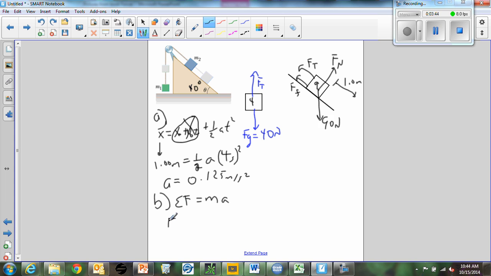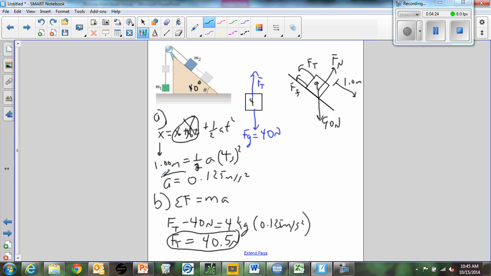So F T minus 40 newtons equals the mass, 4 kilograms, times the acceleration, 0.125 meters per second squared. If I solve this for F T, the tension, I get 40.5 newtons. So that's the answer for B.